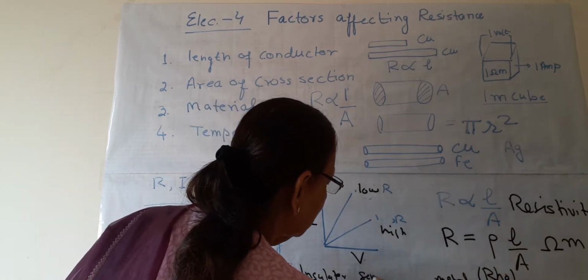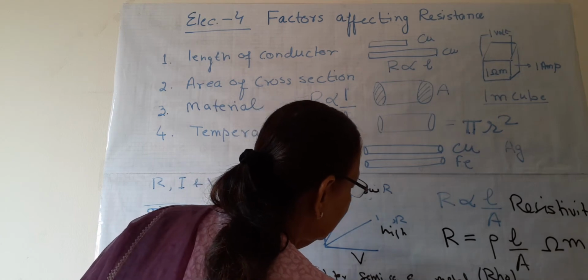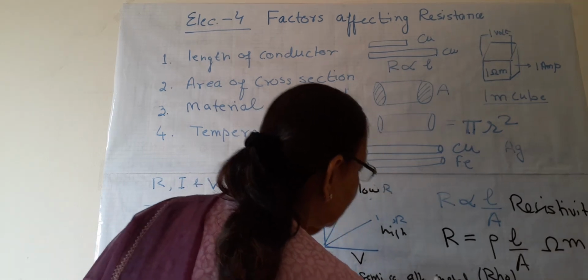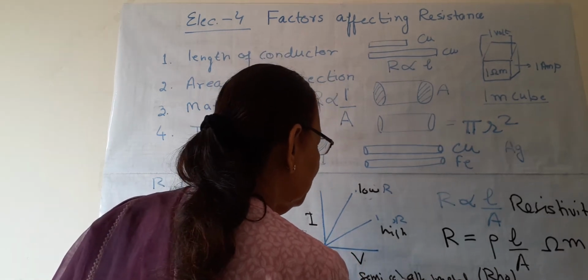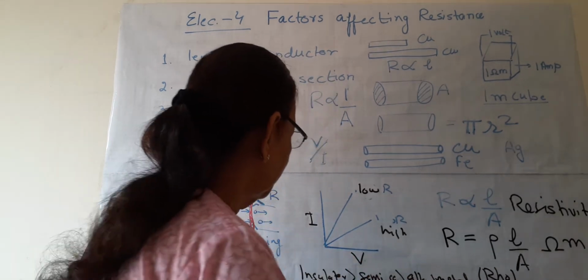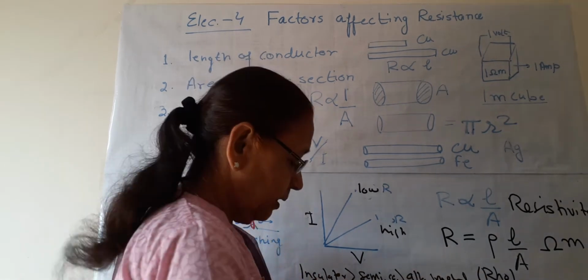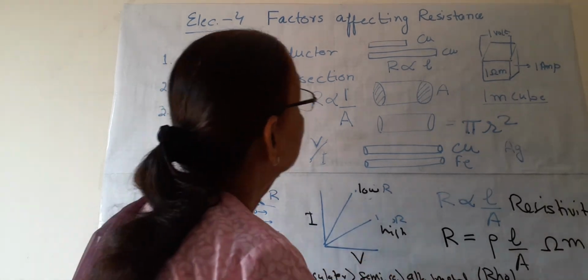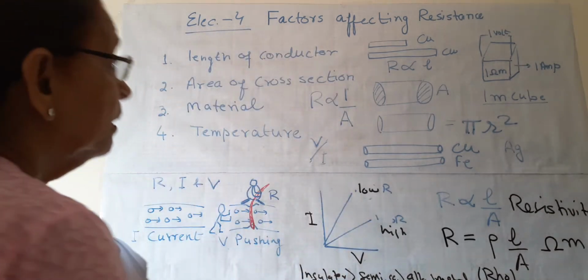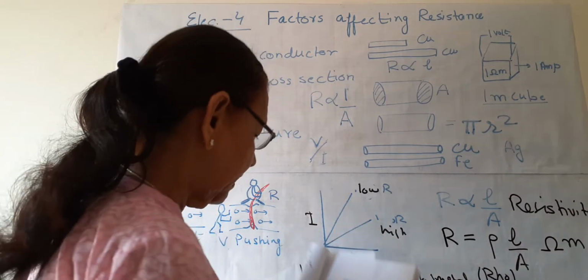In between come semiconductors and then alloys. That is, alloys have more resistivity than metals, and insulators have the most resistivity. This is the order. So this is how resistivity and resistance are.